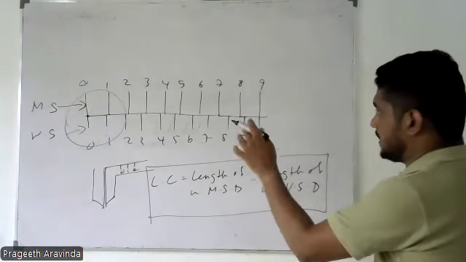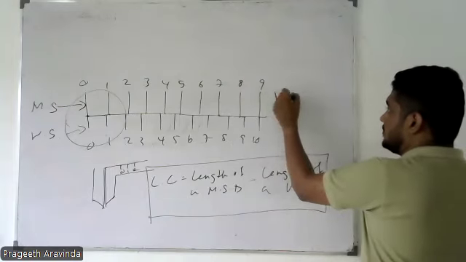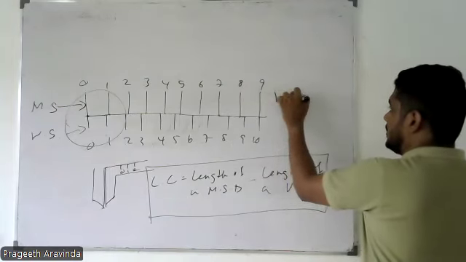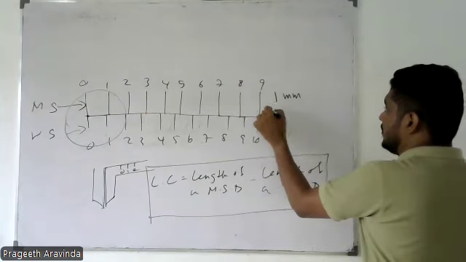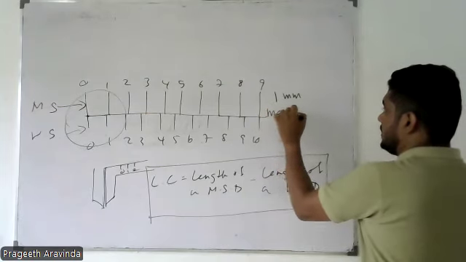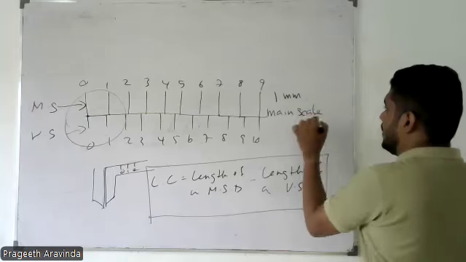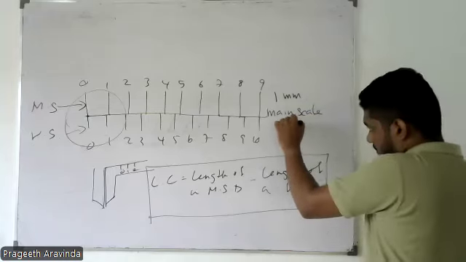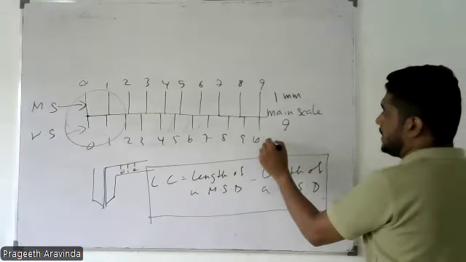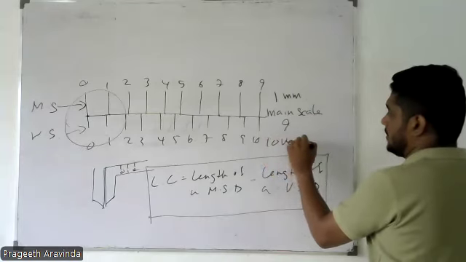This is the basic method: 1 millimeter main scale, 9 divisions divided into 10 verniers.